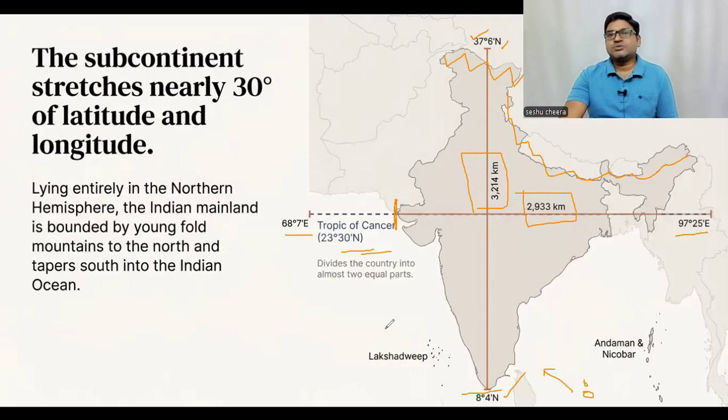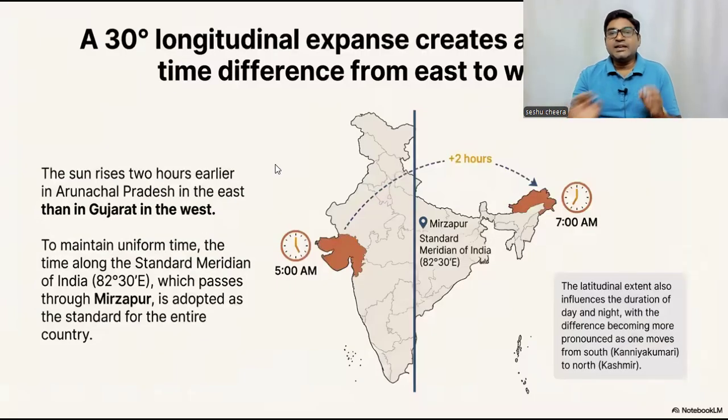Moving ahead, before we proceed, let me quickly erase these drawings. Yeah, so let's go ahead. Now, let us see, a 30-degree longitudinal expanse creates a 2-hour time difference from east to west.